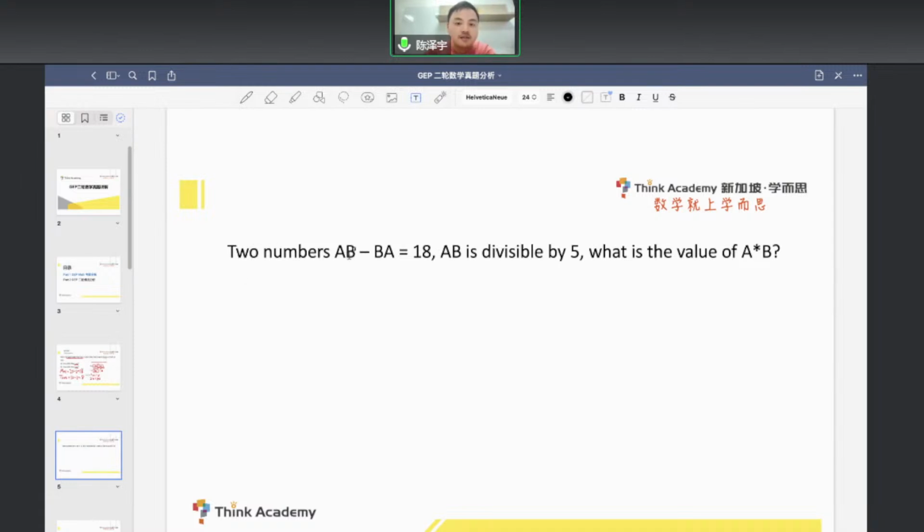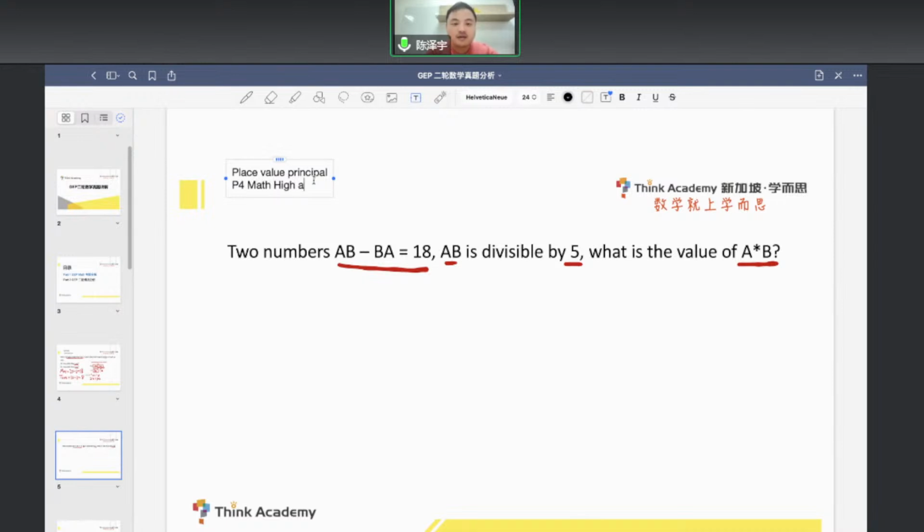Two-digit number AB minus BA equals 18, and AB is divisible by 5. I want to find the value of A times B. For this one, it is called the place value principle, which is a slightly difficult question that we will introduce in our P4 Maths High Achiever lesson.